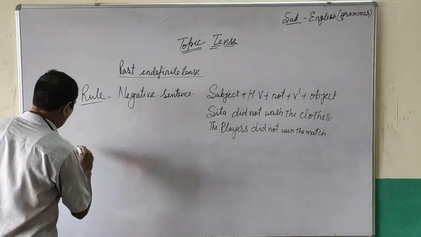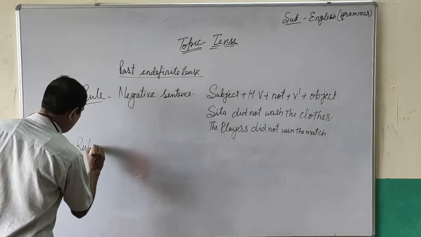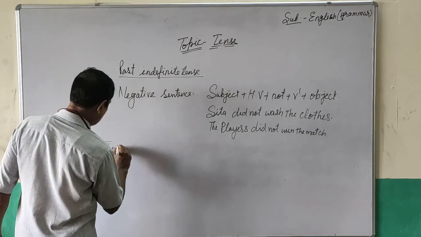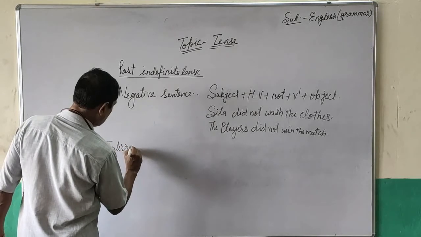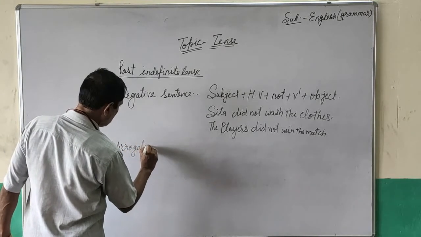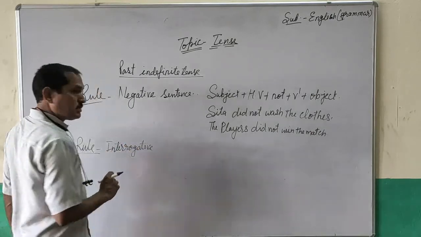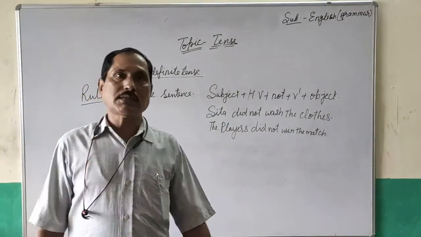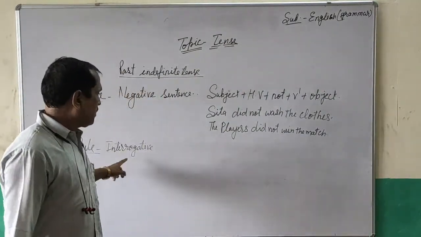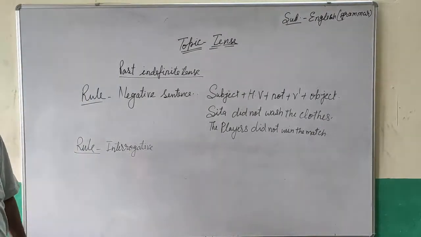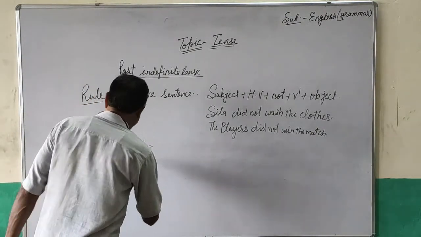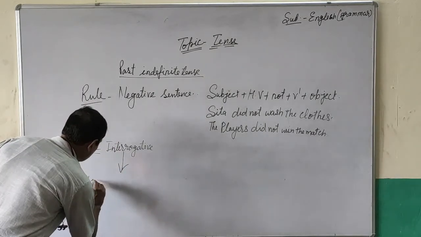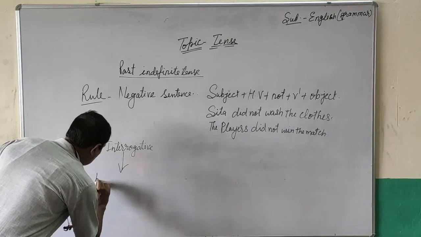Now, rule for interrogative. There are two types of interrogative. First, which begins with the helping verb, and second, which begins with the WH family.